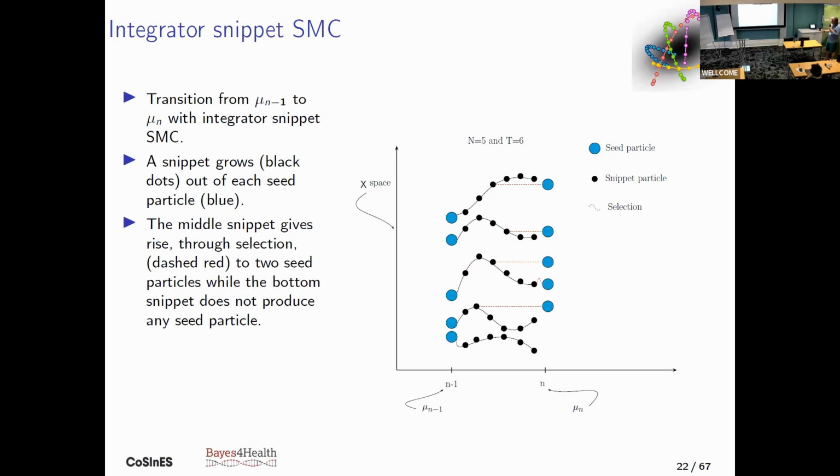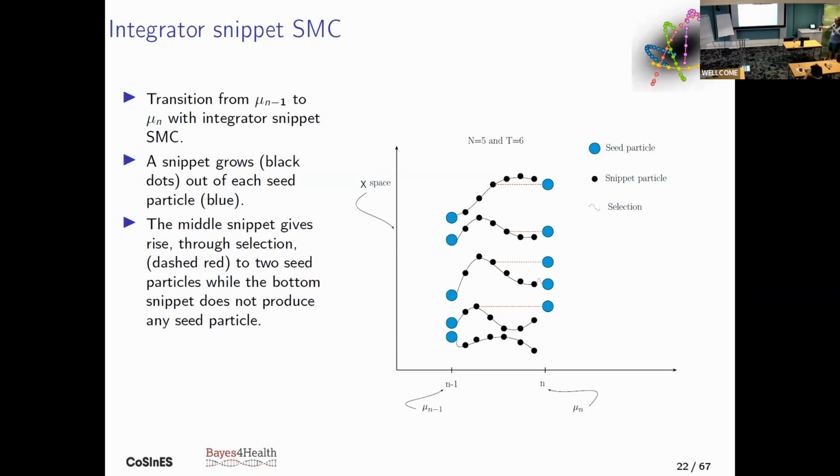Here, what we do is that starting from each particle, we start an integrator. Think of these black dots as being psi to the power 1 of z, psi to the power 2 of z, etc. So we follow the integrator. Standard algorithms would only consider the endpoints.